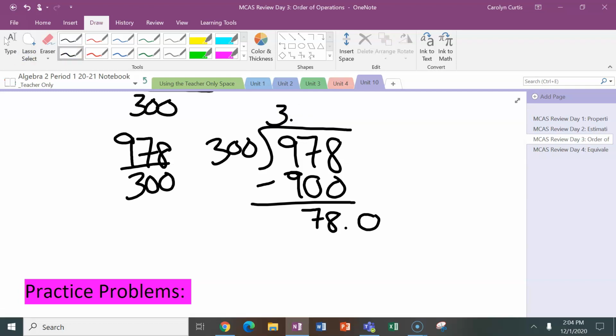So 300 into 780, we know 300 will go into 700 at least twice. So I'm going to put 3.2 and subtract my 600. And then I'm going to be left with 8.0. I'm not going to go any further than that. 3.2 is a good enough answer for me. So we have approximately 3.2.